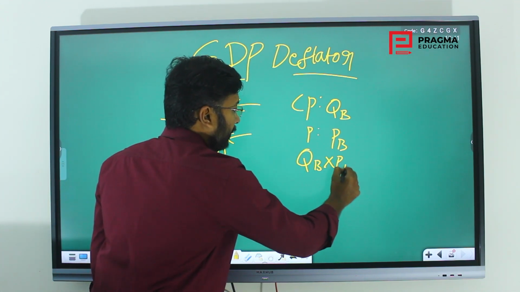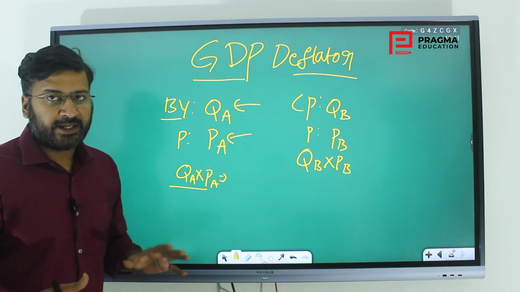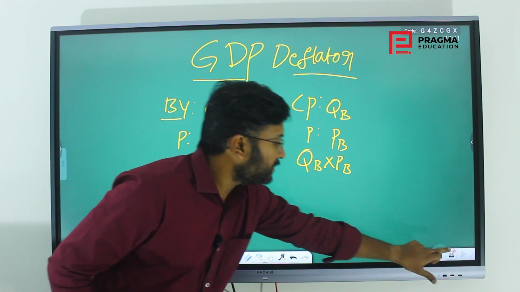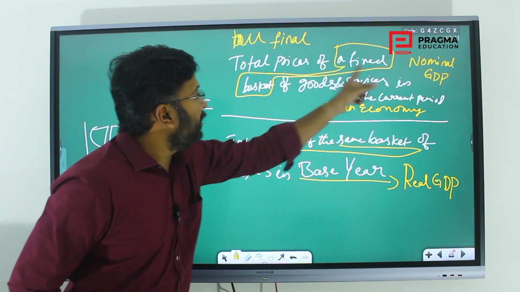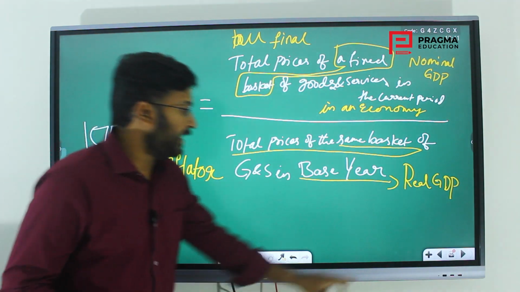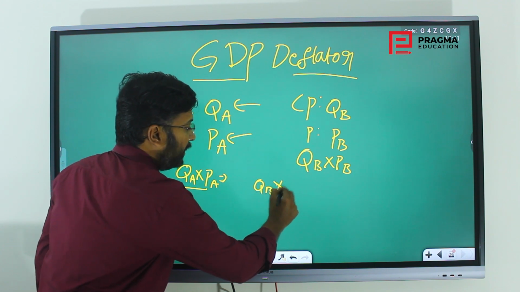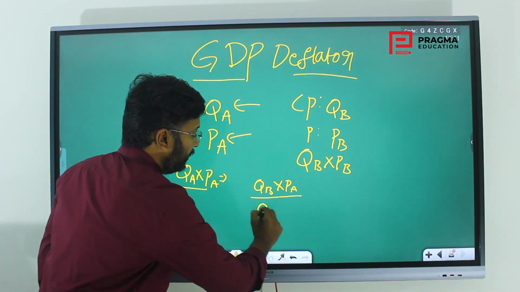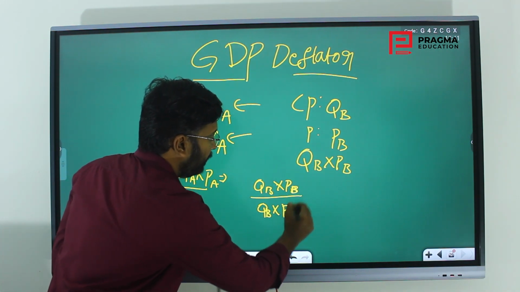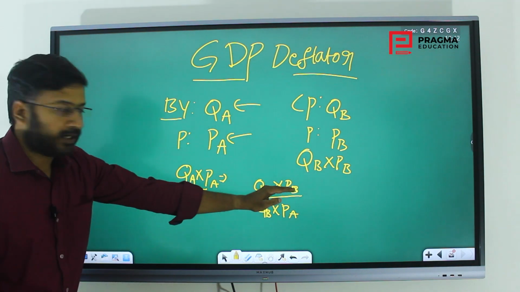QB into PB. But what the deflator is simply saying is that the total final goods and services in the numerator and denominator are the same. It is QB into PB divided by QB into PA. This is the current period.